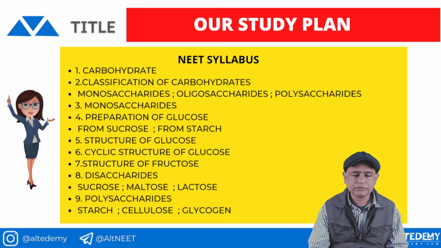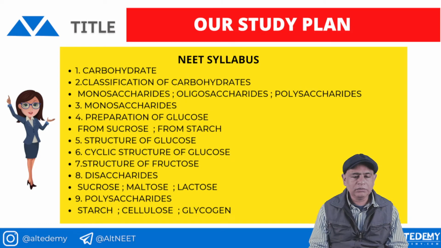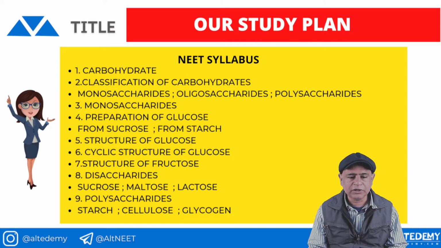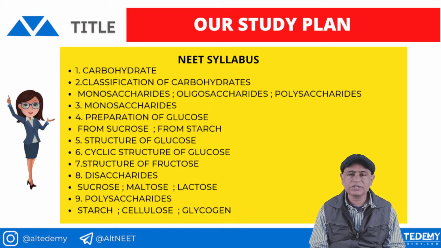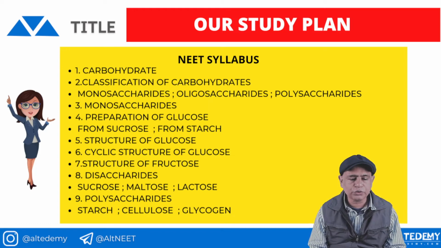Going ahead, what are our plans? We have divided the entire chapter into these sections: carbohydrate, classification of carbohydrate, monosaccharides, oligosaccharides, polysaccharides, preparation of glucose, structure of glucose, cyclic structure of glucose, structure of fructose, sucrose, maltose, lactose, polysaccharides.